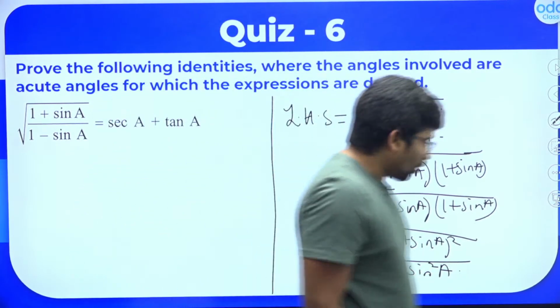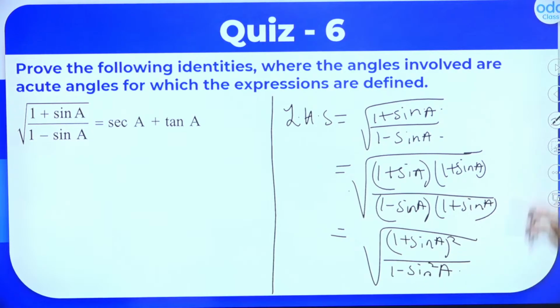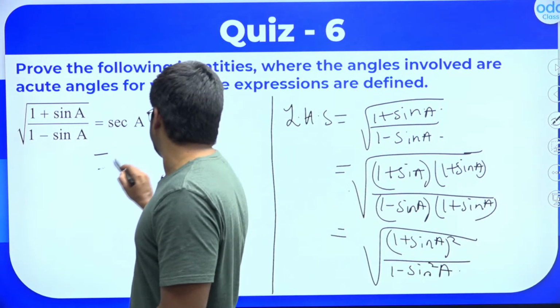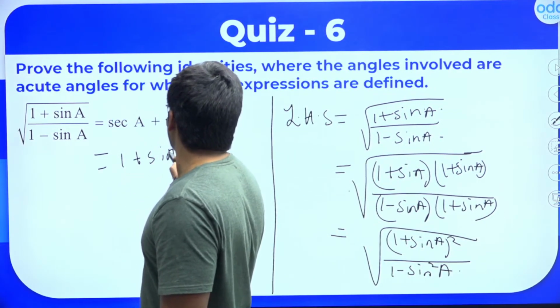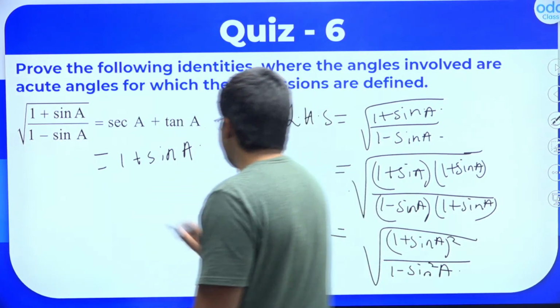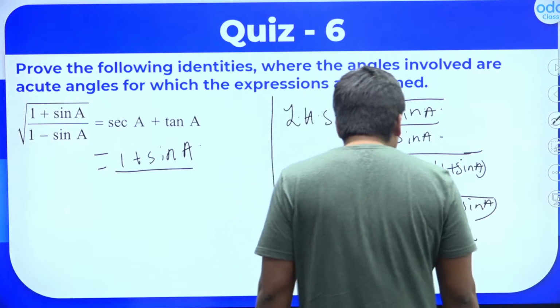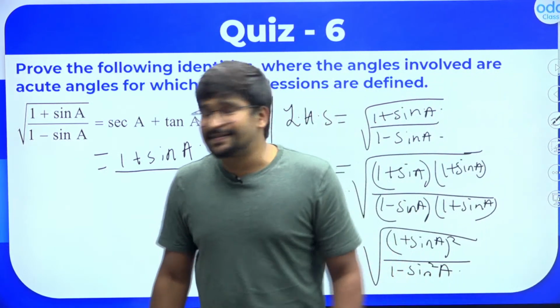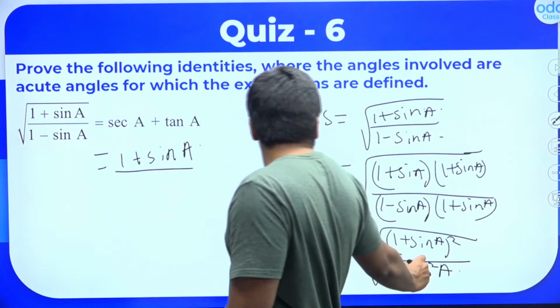Yes or no? So it is root of 1 plus sin A whole square divided by 1 minus sin square A. What is root of 1 plus sin A the whole square? It is 1 plus sin A. Correct? Whole divided by, what is 1 minus sin square A? You know that 1 minus sin square A is cos square A. So what is root of cos square A?